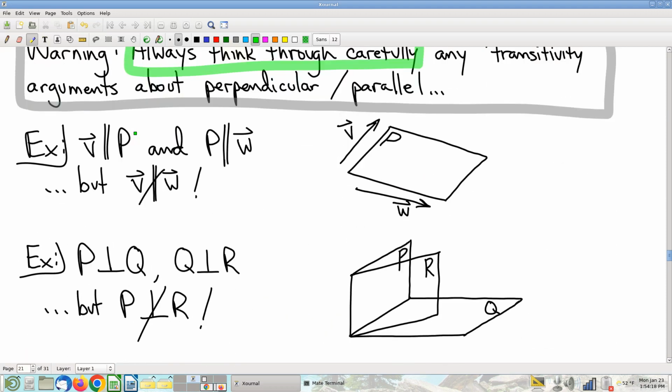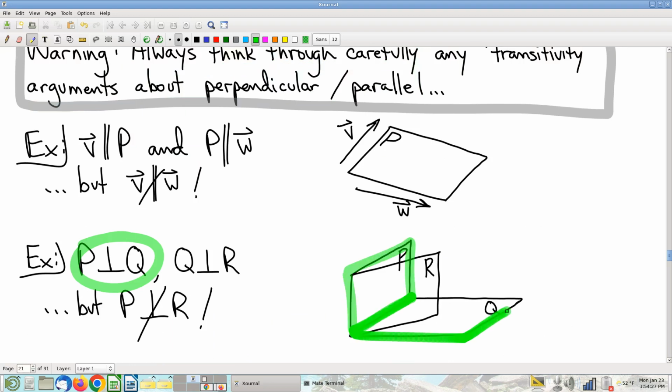Okay, another example. Here are a couple of planes, P and Q. You can see as I have them drawn here, P and Q are perpendicular, right? And then furthermore, Q and R are also perpendicular.